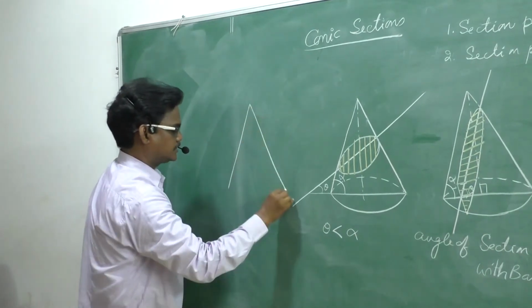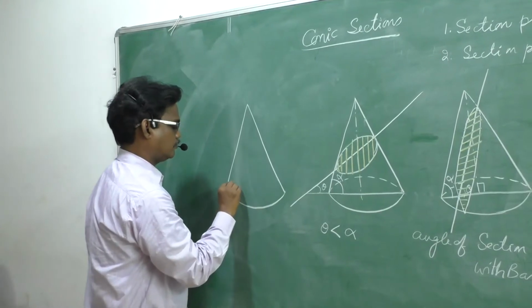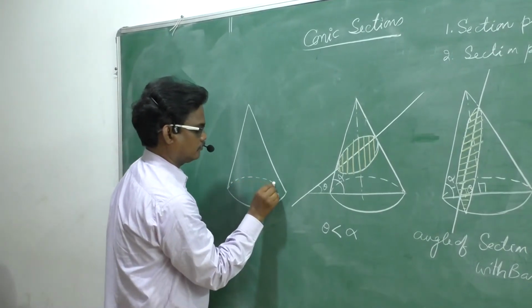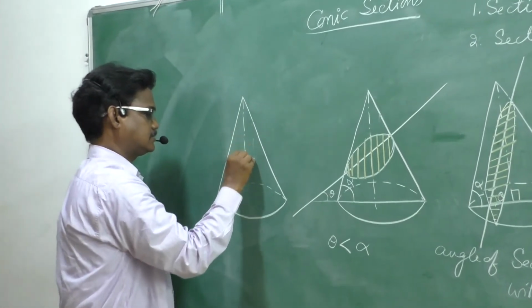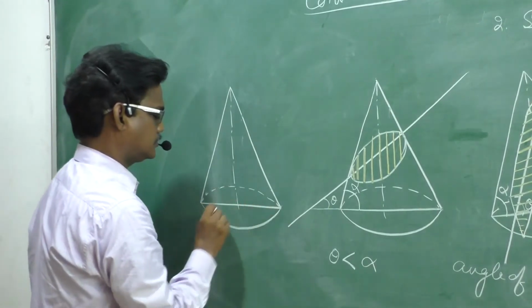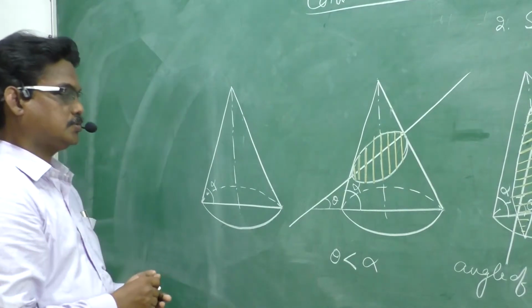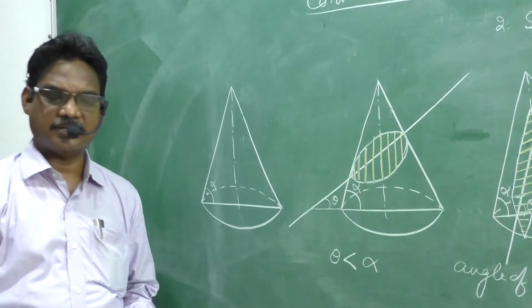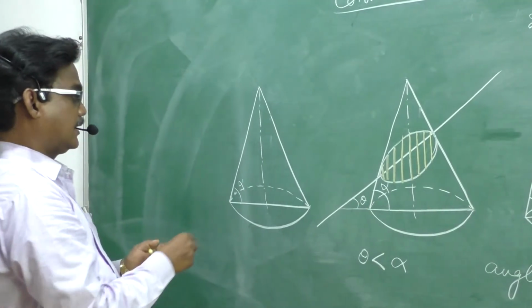Again, we need to consider a right circular cone, and this is the axis, and this is the base, and this is alpha. Suppose the section plane angle is more than the generator angle.